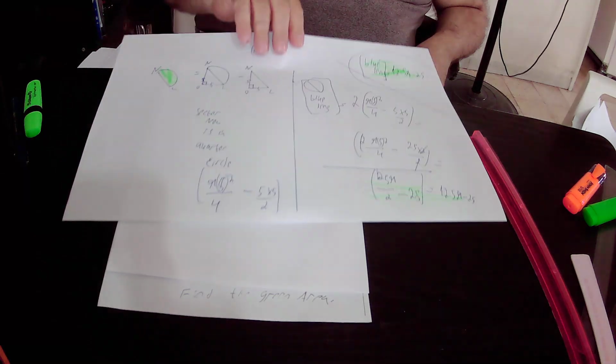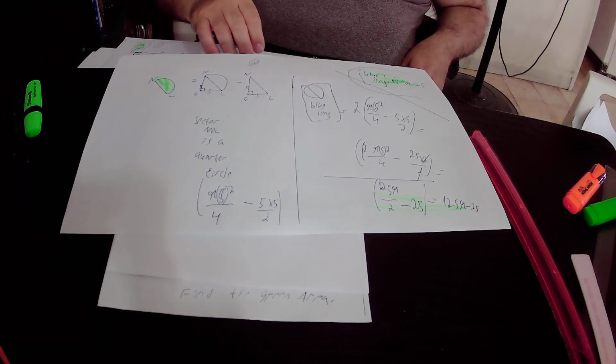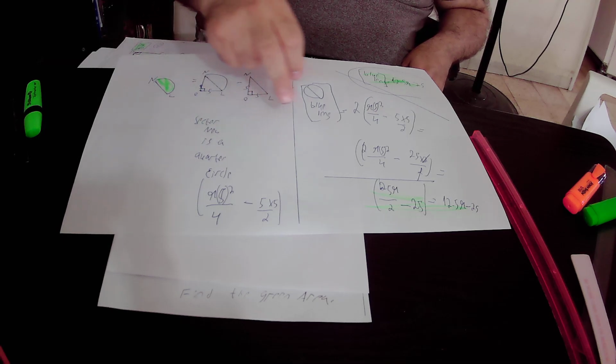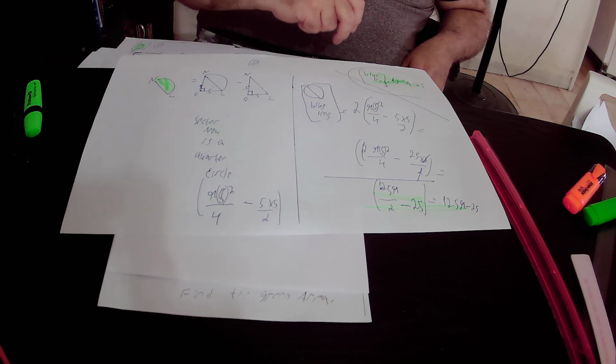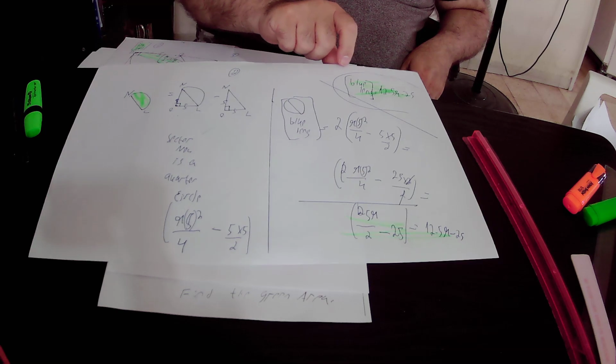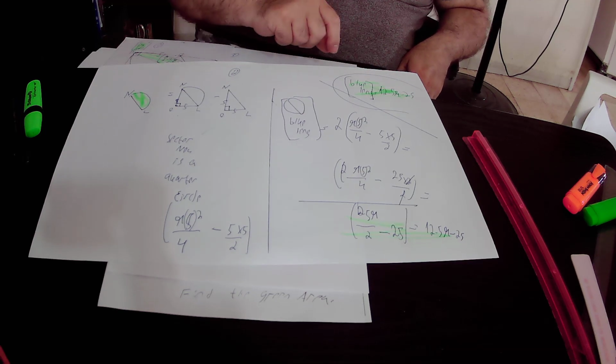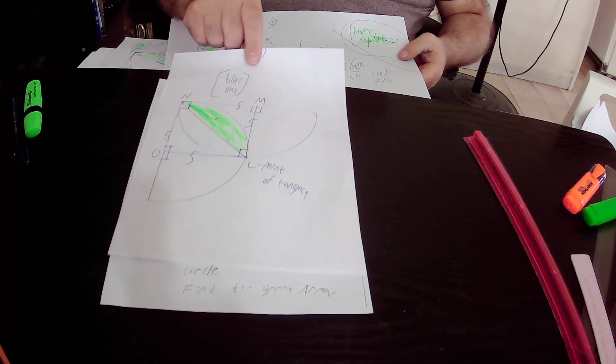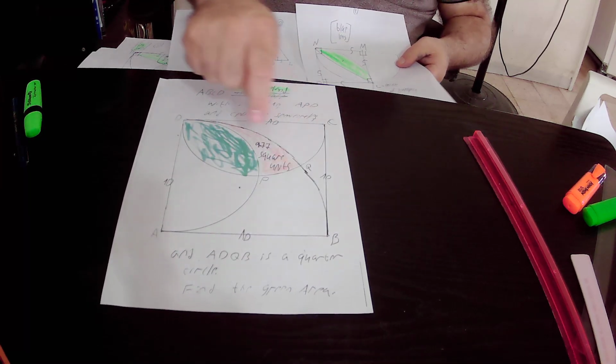Okay, so we found out that the area of the circular segment equals this expression. We multiplied by 2 and we found out the area of the blue lens, that equals 12.5 pi minus 25 square units.